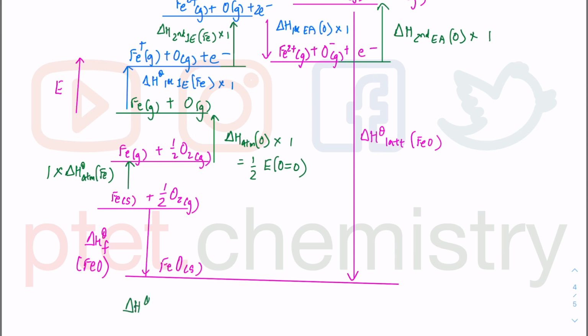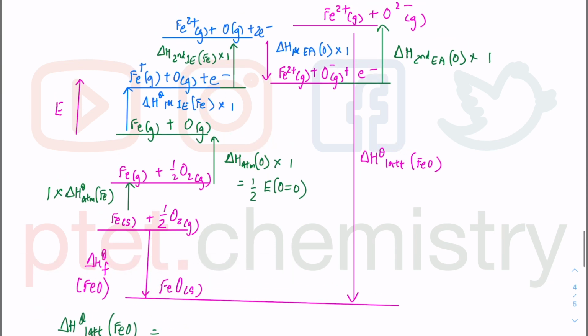So the lattice energy of the FeO is equal to, let's deal with the first one, which is minus the second electron affinity of oxygen. We're given the value there as plus 798. So what I'm going to do is minus the plus 798 because I'm going the opposite way, and then this is going the same way.